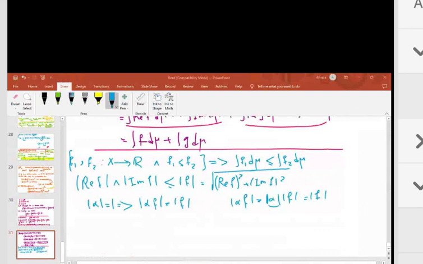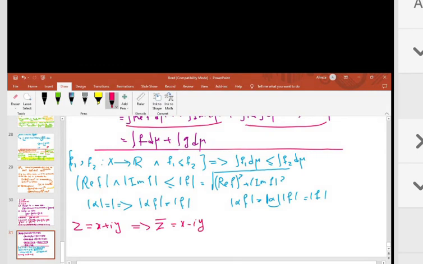So if we have, for example, z equal to x plus iy, then z bar equals x minus iy.